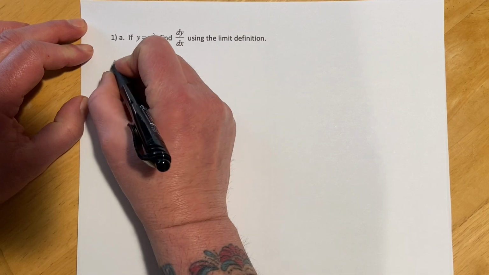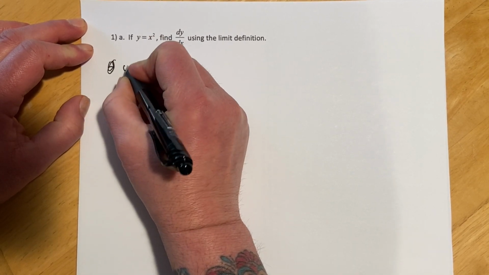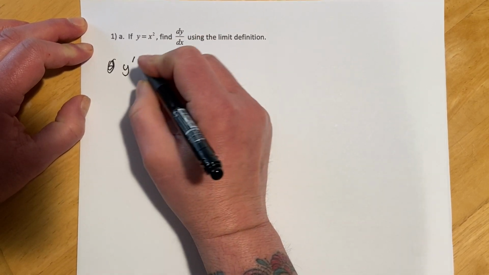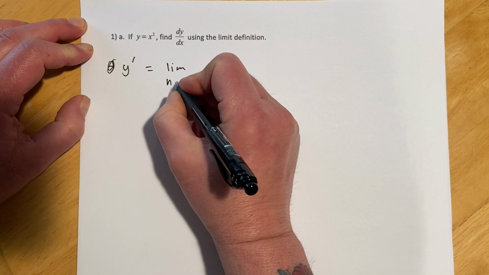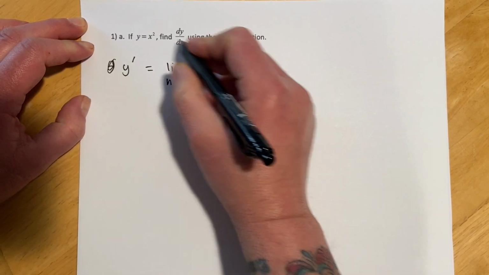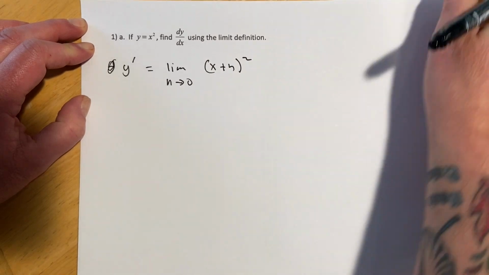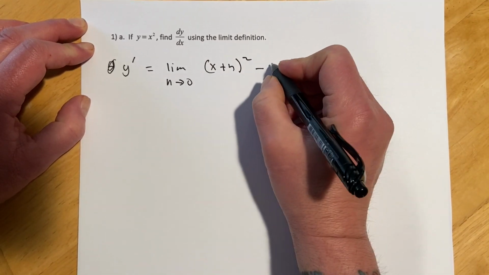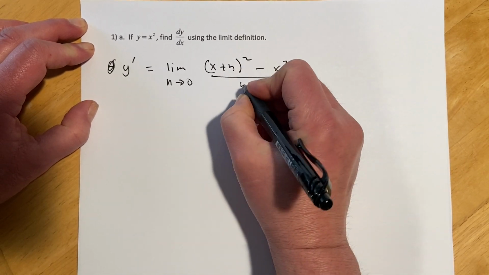So this is going to go y prime equals the limit as h goes to 0 of x plus h quantity squared minus x squared over h.